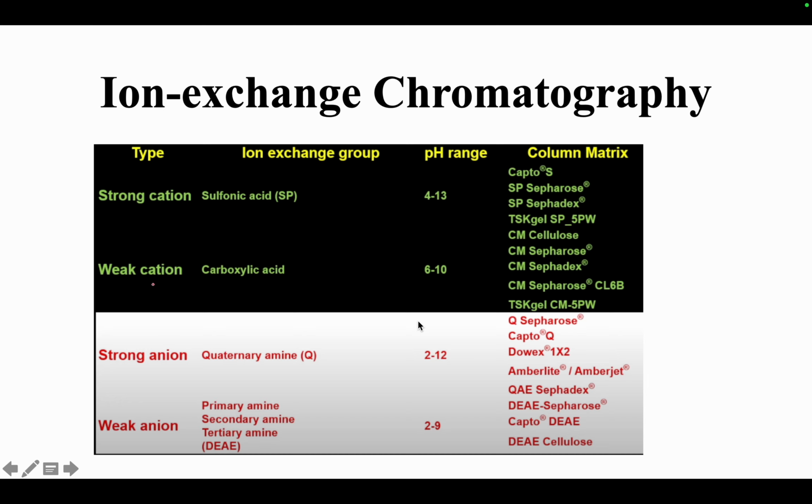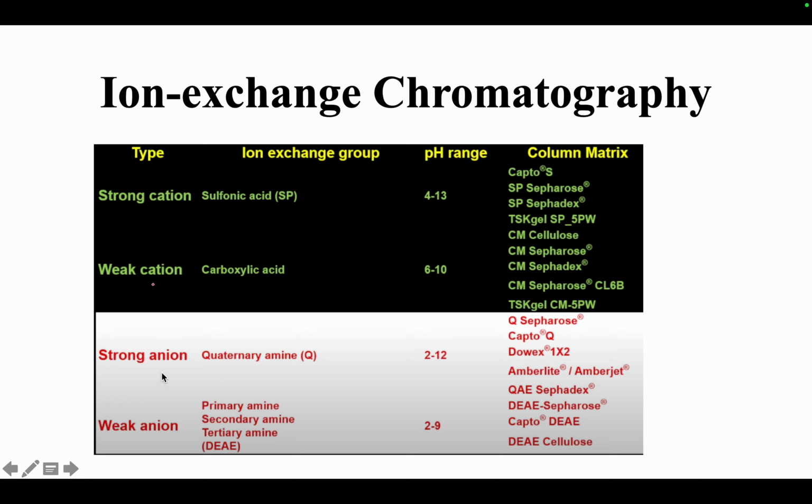So you should also consider that, depending upon the pI or the pH range, the protein is positively charged or negatively charged, depending upon the isoelectric point. This pH range is used for different cation exchange chromatography.